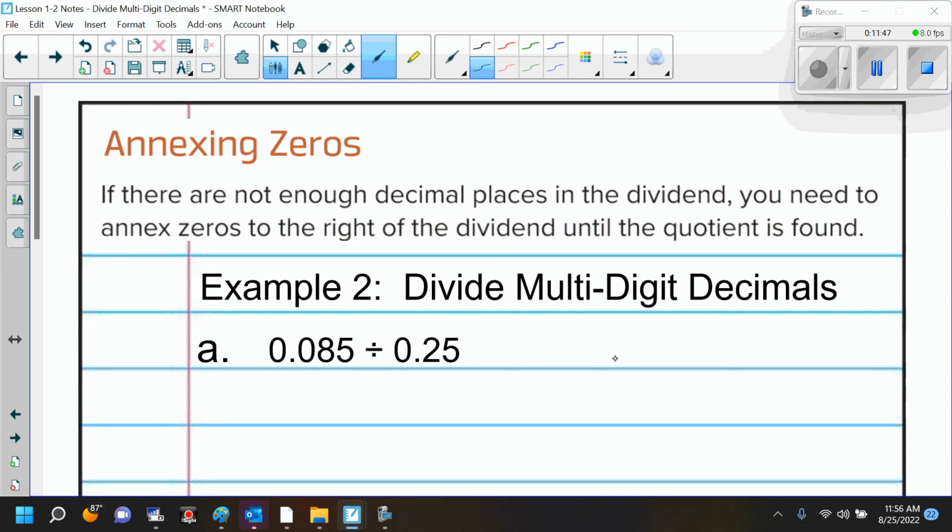So again, we've got the divided by on the outside of the division sign. So here we go, divided by the 0.25 goes out here, and the 85 thousandths goes inside, 0.085. All right, so first thing again we're going to do is move the decimal until what?